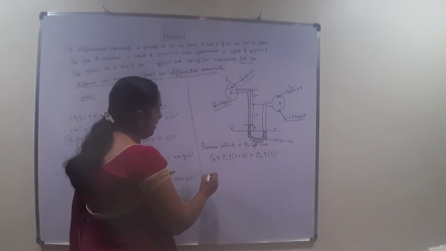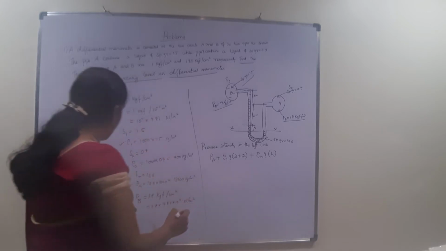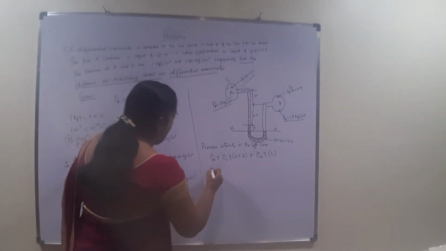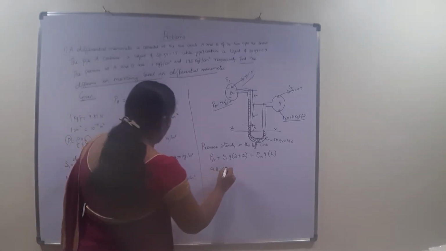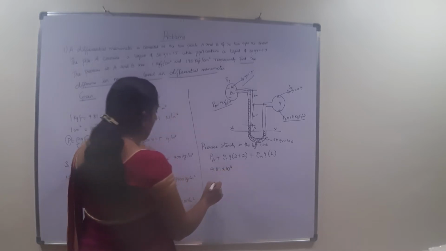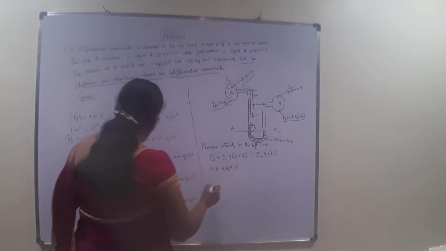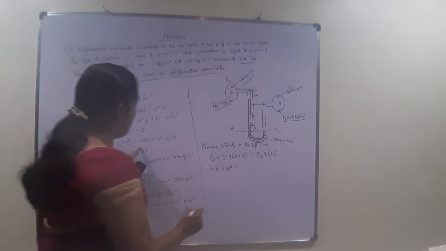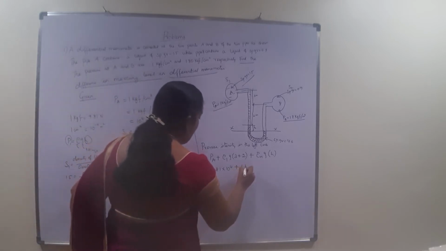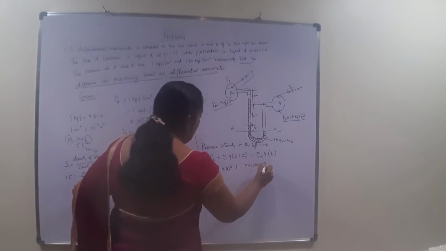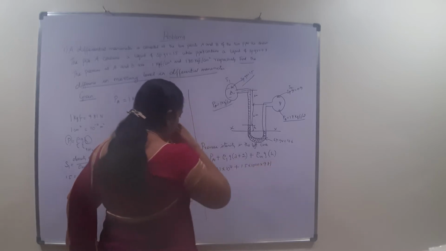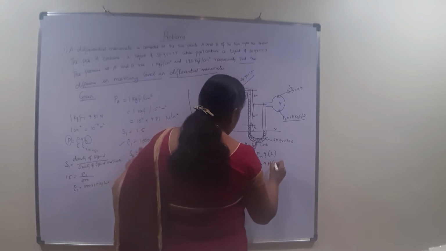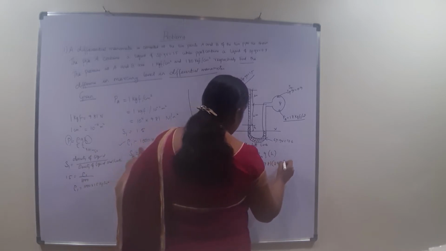Now we substitute the values. What is the value of PA here? It is 9.81 into 10 to the power 4. Plus, what is the value of rho 1? It is 1.5 into 1000 into G, 9.81, into 3 plus 2.